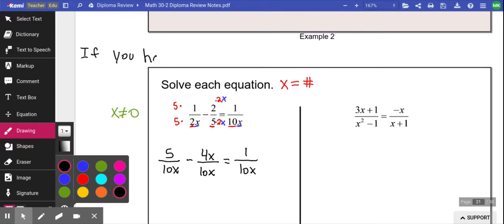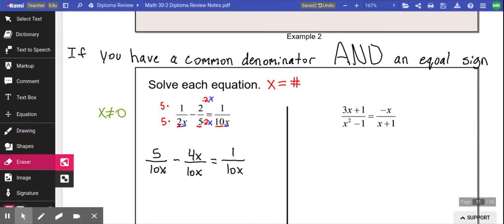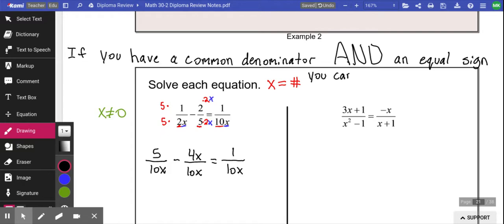If you have a common denominator, and, look how big I wrote the word and, it means it's really important, and an equal sign, you can cancel all denominators.